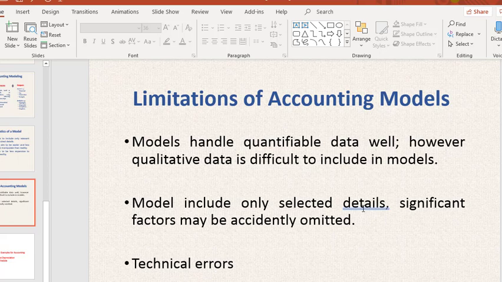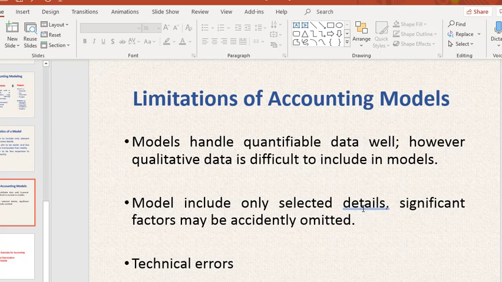Let's say by the time we develop our accounting model, we have recognized only 5 variables as the variables that are affecting our decision. So accordingly, we accommodate only 5 variables into our input area. But what if we mistakenly omitted one important area? That is, a sixth variable is relevant to our analysis, but we have accommodated only 5 variables.